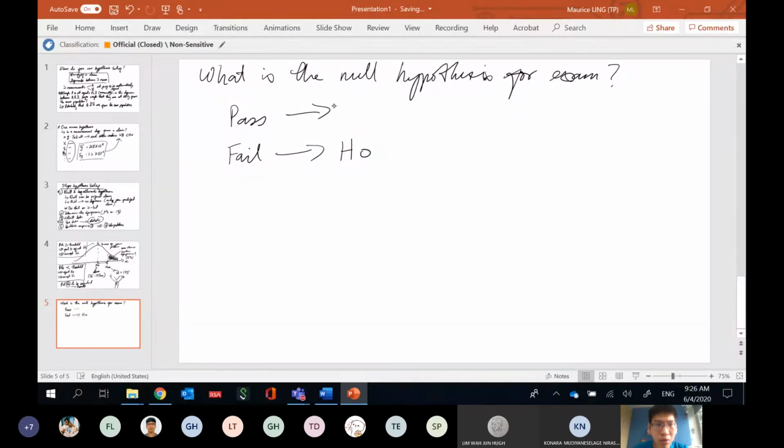The alternate hypothesis is you pass. Basically, it means that if your score is insufficient, that means you have insufficient evidence that you pass, so you fail. If your score is insufficient, you fail.